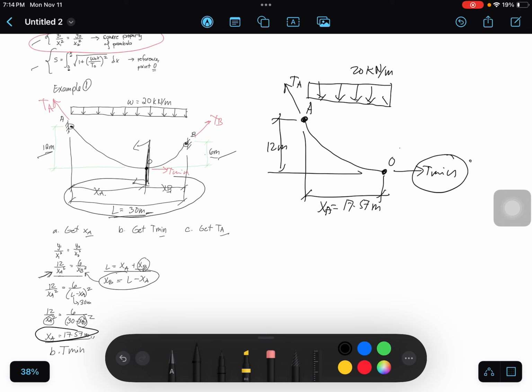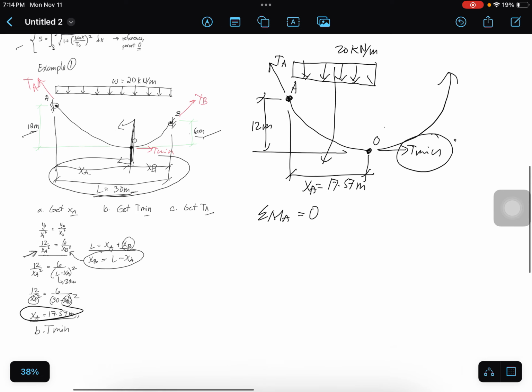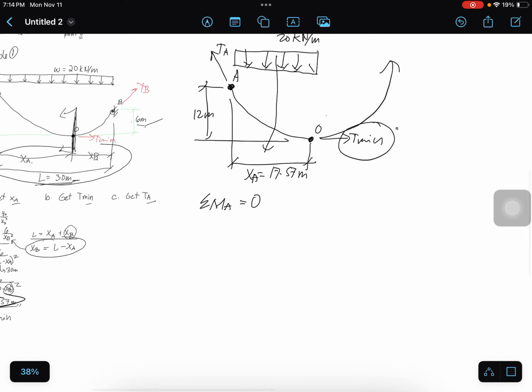Summation tayo ng moment dito. Summation of moments sa point A. So, T-min is pag ganon, positive siya. And then, may load dito, clockwise. So, silang dalawa lang ang loads natin na mag-create ng moments about point A.